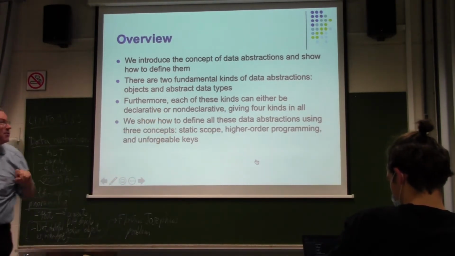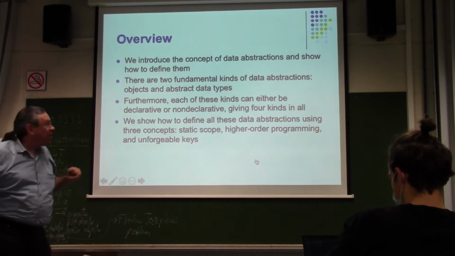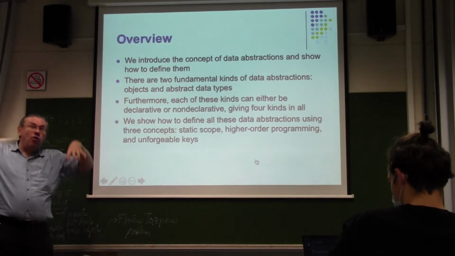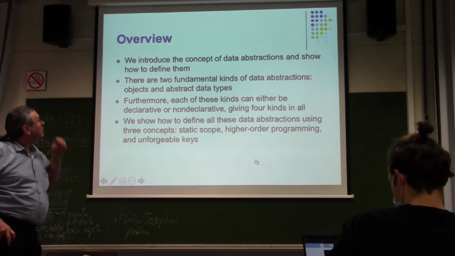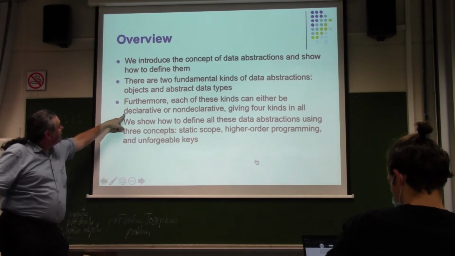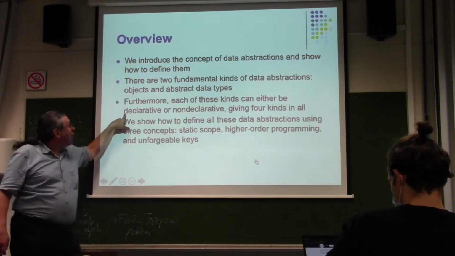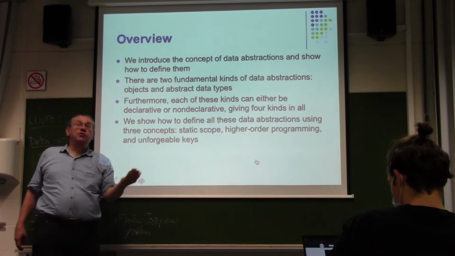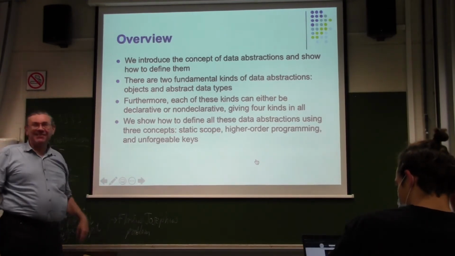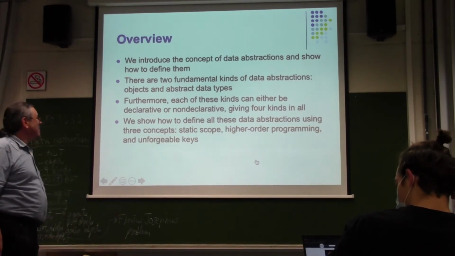If you remember the previous course, you might remember a bit, but I will refresh your memory, and then we will go a little bit deeper into it. Each of these 2 can be declarative, so pure functional, or non-declarative, which means it uses mutable state. So that makes 4 kinds of data abstractions.